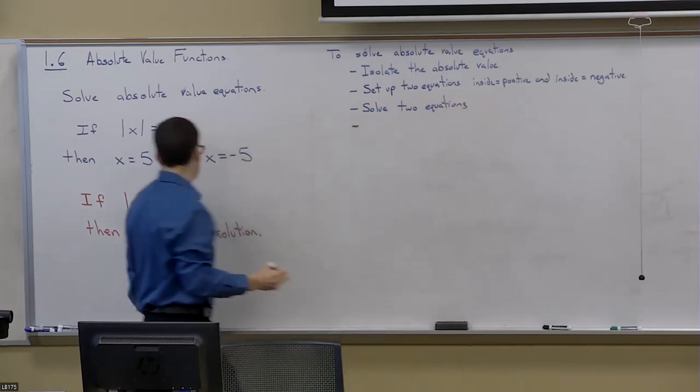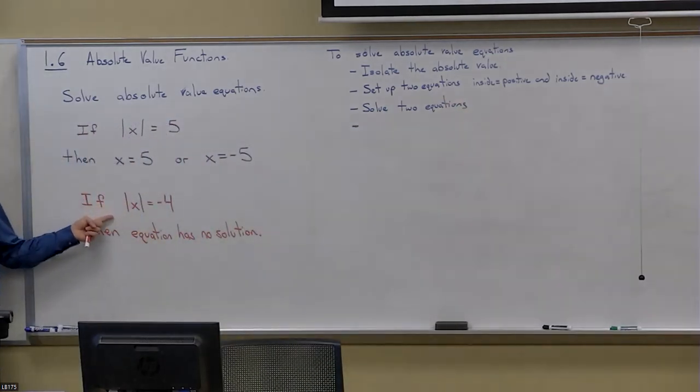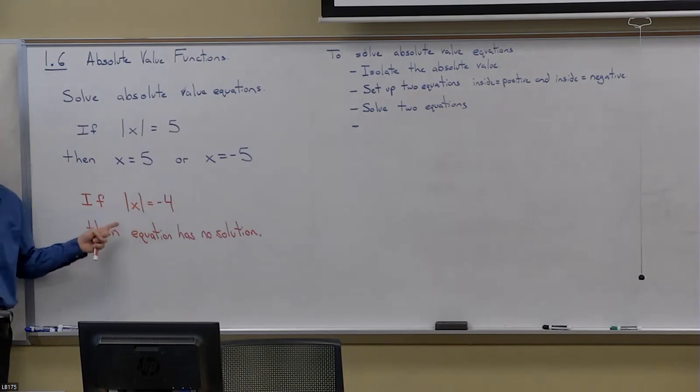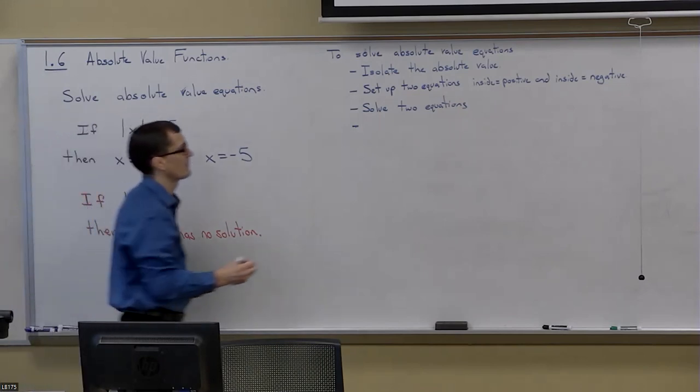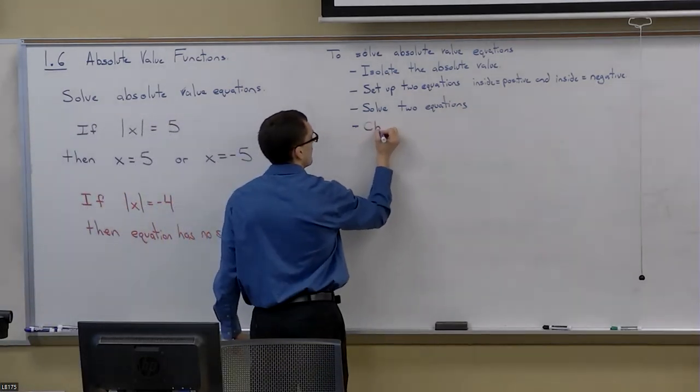And then because of this phenomenon, in more complicated versions of this phenomenon, we should always check our answer. All right, to make sure we don't get something like absolute value equals a negative. Okay. Check.